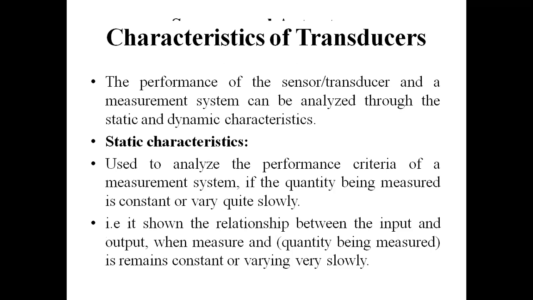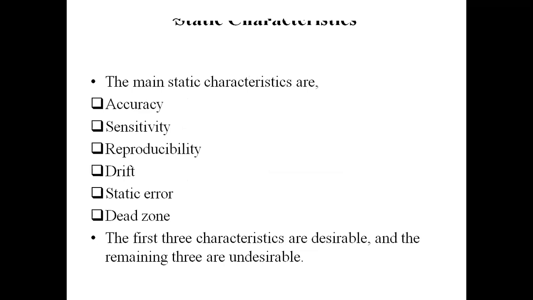It is used to analyze the performance criteria of a measurement system if the quantity being measured is constant or varying very slowly. It shows the relationship between the input and output when measured, and it remains constant or varies very slowly. The static characteristics are accuracy, sensitivity, reproducibility, drift, static error, and dead zone.